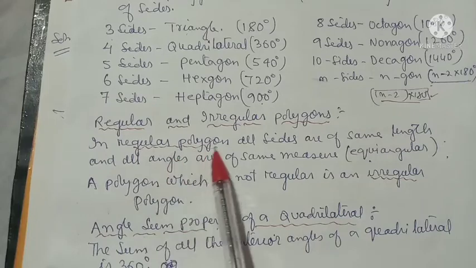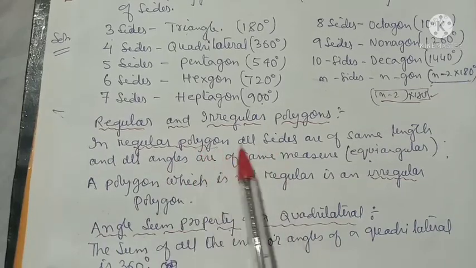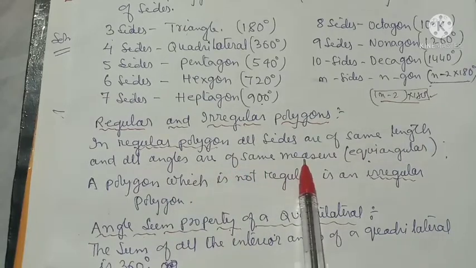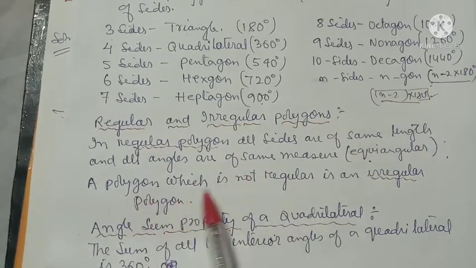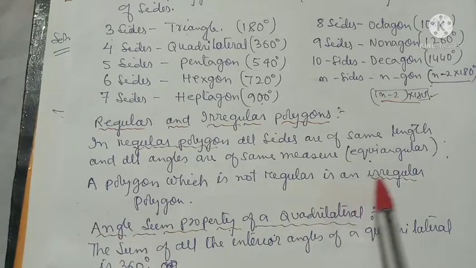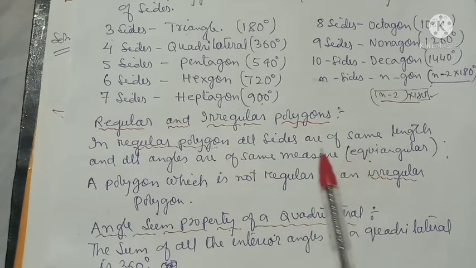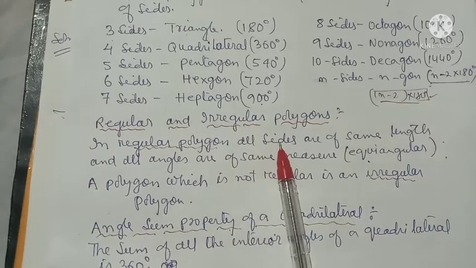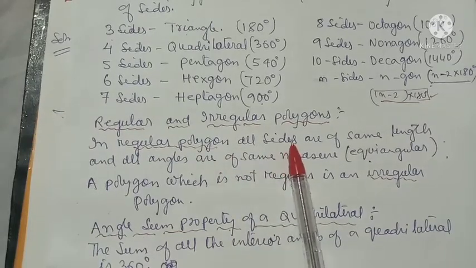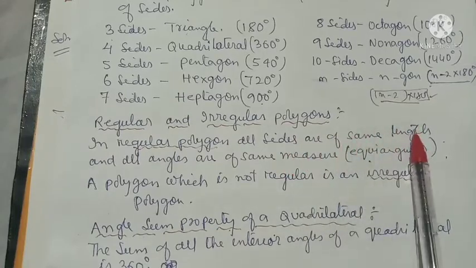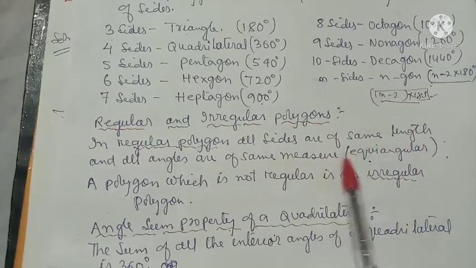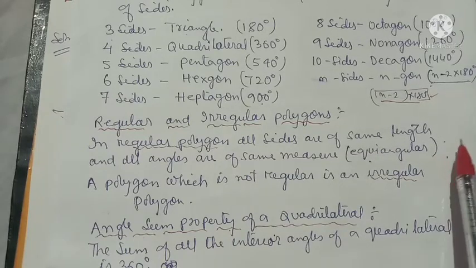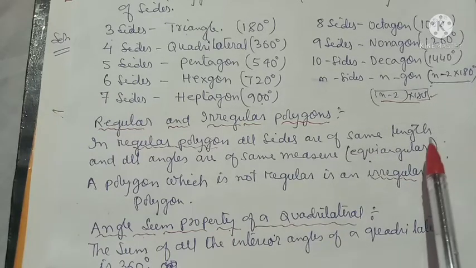Next are regular and irregular polygons. In a regular polygon, all the sides are of the same length and all the angles are of the same measure. The polygon which is not regular is an irregular polygon. Regular means equilateral, with all sides of the same length, and equiangular, with all angles of the same measure. A square is an example of a regular polygon.